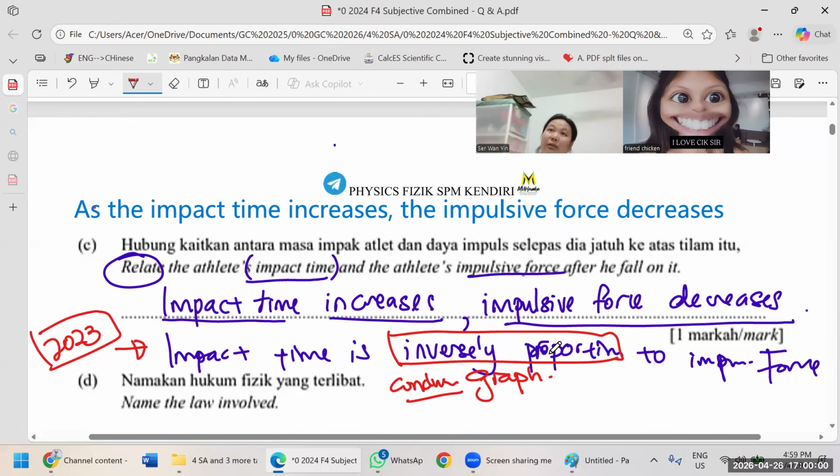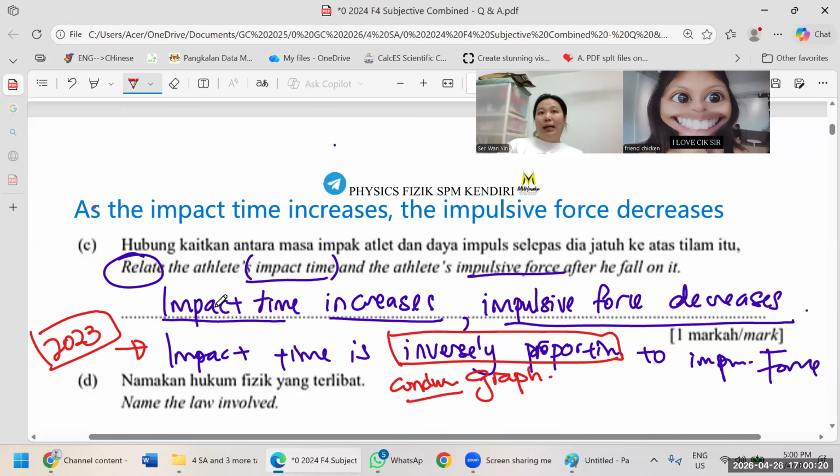Only one had a physical quantity, and the other was a shape, which cannot be measured as 1, 2, 3, 4. So that year, anyone who wrote inversely proportional was wrong.